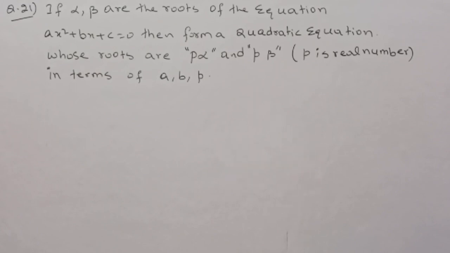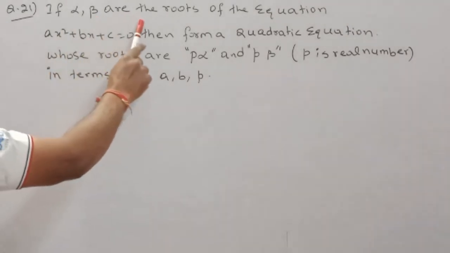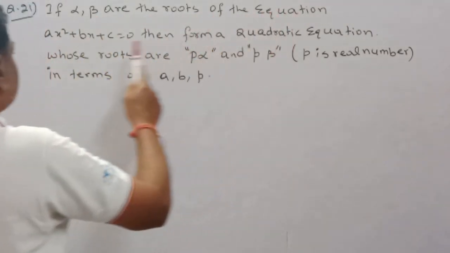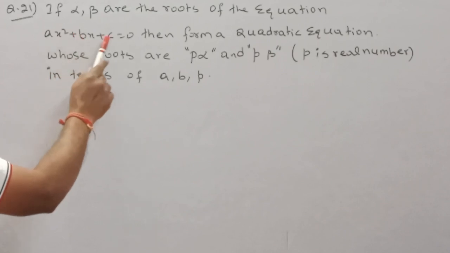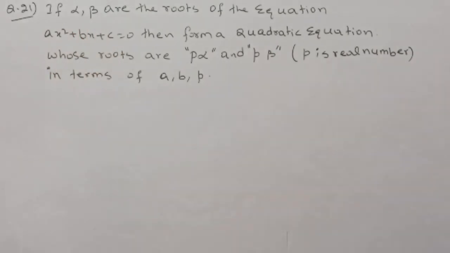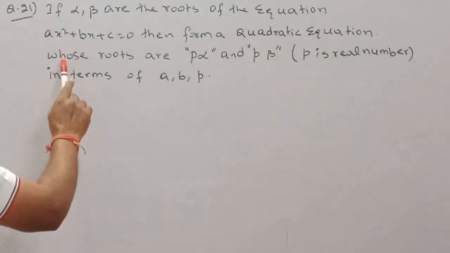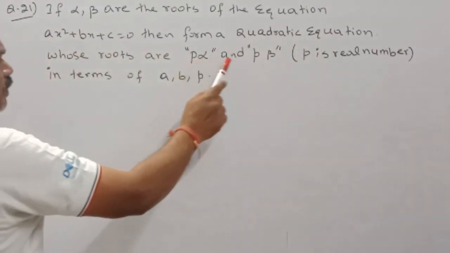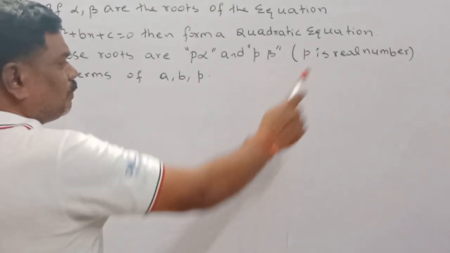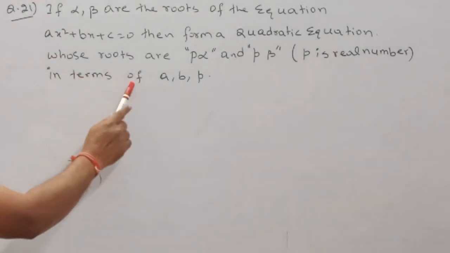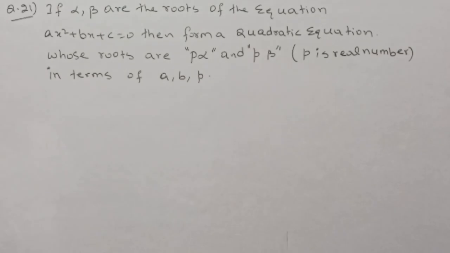Here you see, all of you, a problem from quadratic equation. If alpha comma beta are the roots of the equation ax square plus bx plus c equal to 0, then form a quadratic equation whose roots are p alpha and p beta, p is real, in terms of a comma b comma p.